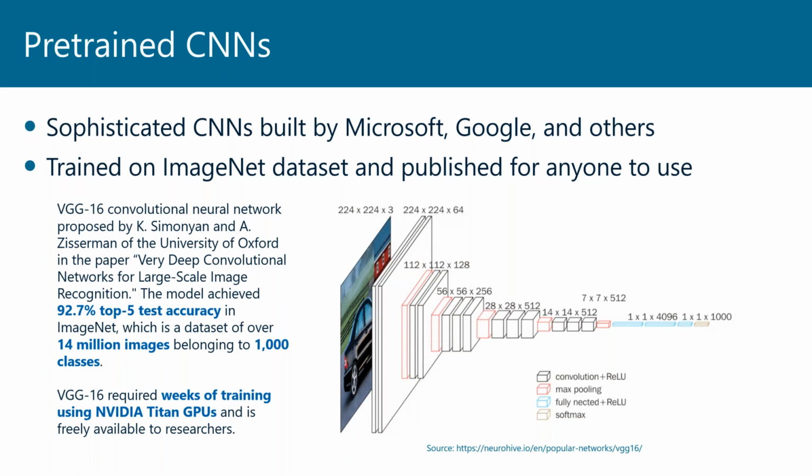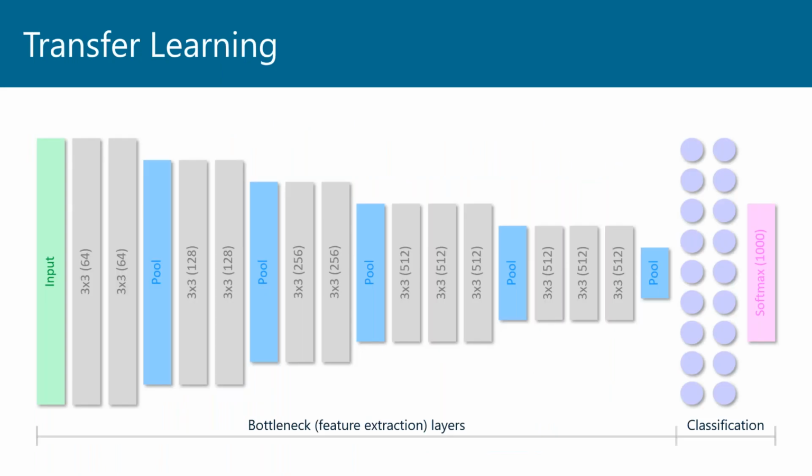However, that doesn't do you any good if you need to use a sophisticated CNN to handle very domain-specific tasks, like looking for a particular type of polar bear or something, which most likely these pre-trained CNNs were not designed to look for. Enter a technique called transfer learning.